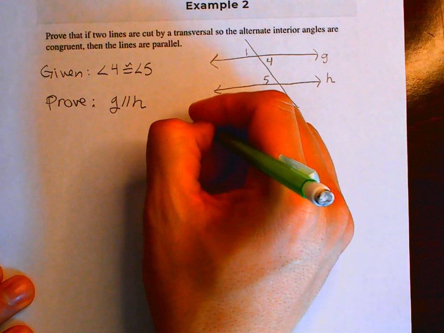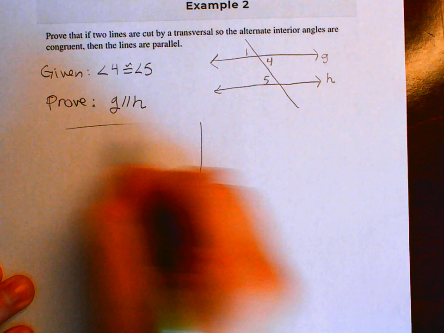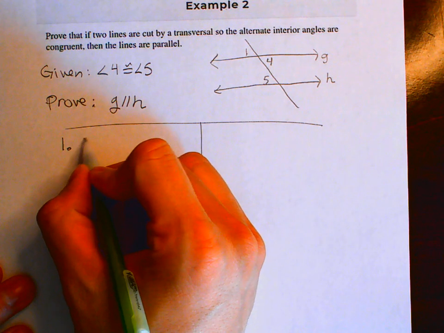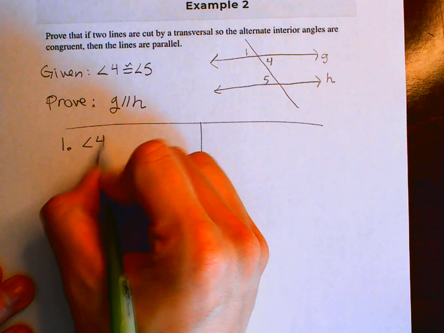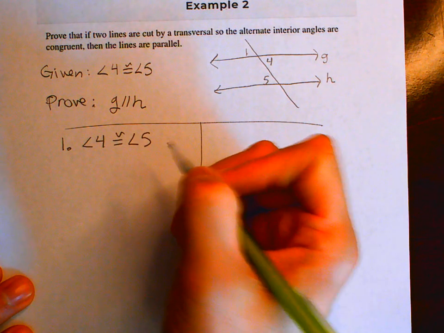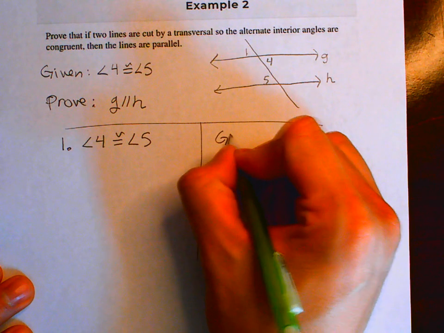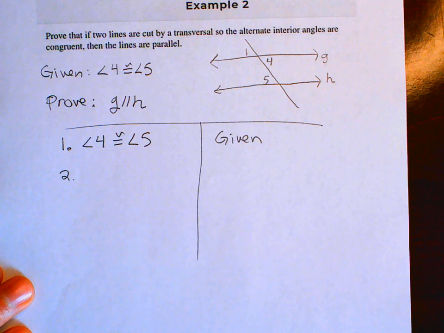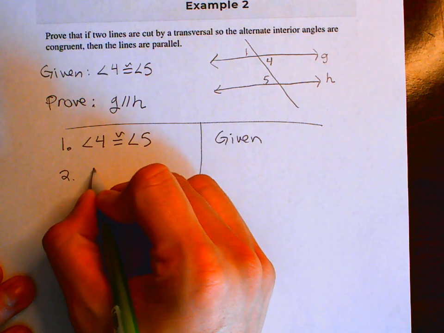So we're going to set up our two columns. So the very first thing is that angle 4 is congruent to angle 5. That is given. Now here's the thing. Angle 4 is congruent to angle 1.